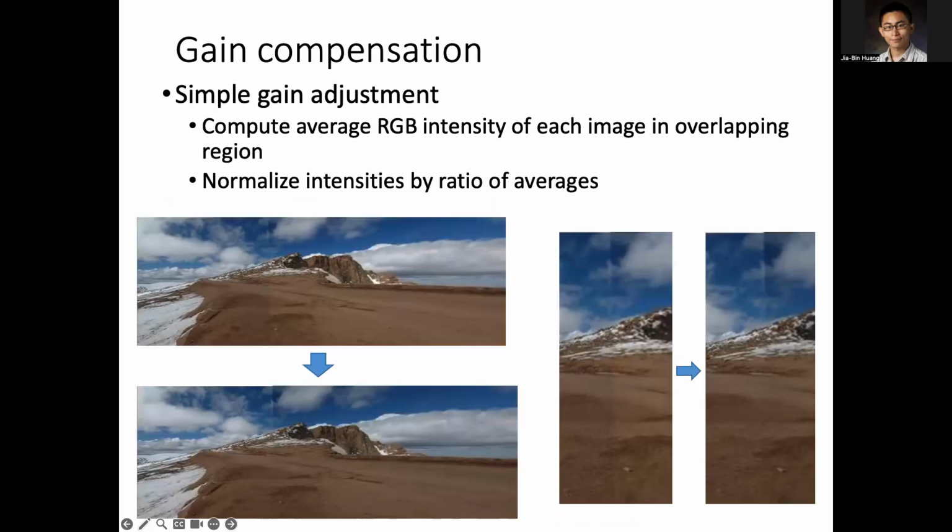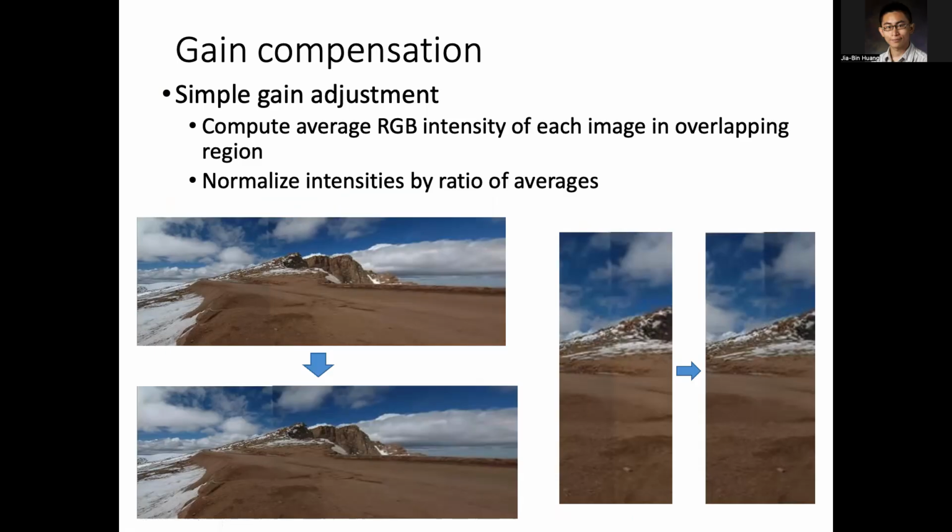All right, so one simple approach you can do first is simple bias and gain adjustment. Basically, you have two images lined up together, and they have a seam. Because you know which pixel in image 1 overlaps with which pixel in image 2, you can compute the ratio between their intensities.